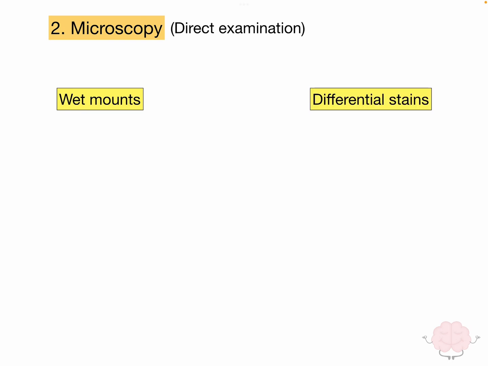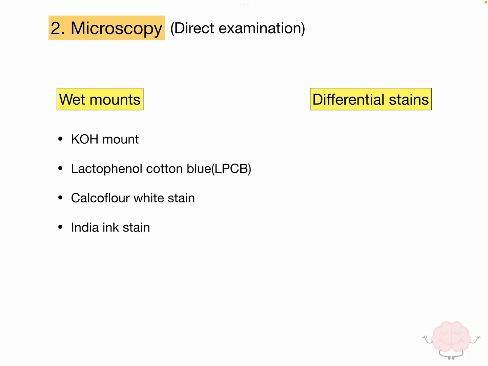Now second, the microscopy or the direct examination of the received fungal specimen, right? In microscopy we perform two things: we create wet mounts, or we use differential stains. In wet mounts we have the KOH mount, lactophenol cotton blue mount, calcofluor white stain, India ink stain, and neutral red stain.